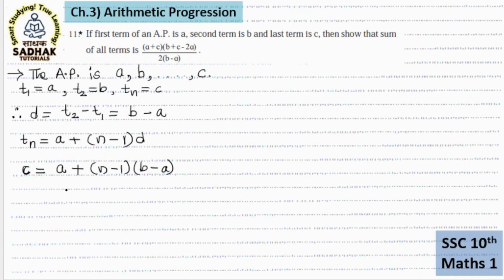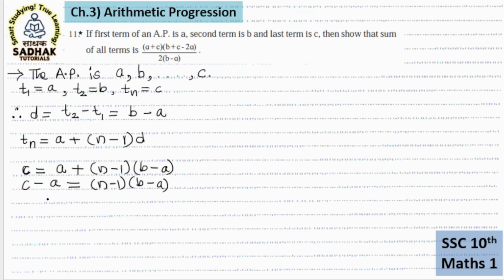Now why are we doing all this? Because we want to find out what n is. So we will keep n on the right side and shift everything else to the left. First let me write C minus A. This A, when it goes to the left hand side, becomes minus A. So C minus A is equal to (n minus 1) multiplied by (B minus A).